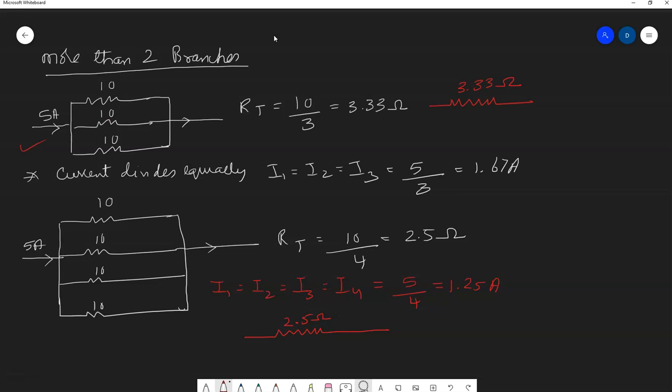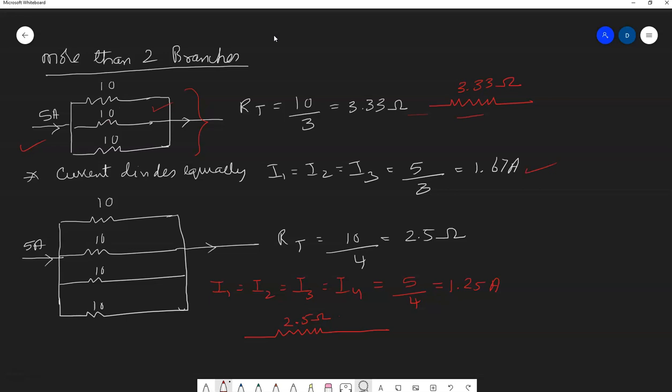So the equivalent resistance of this parallel branch will be 10 by 3, 3.33 ohms. You can just replace this parallel branch with this single equivalent resistor. And obviously the current will also get divided equally, because there are 3 branches. You will end up dividing the input current by 3, which is 1.67 amps.